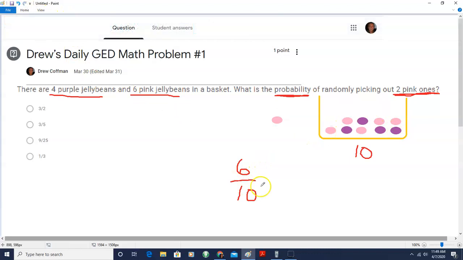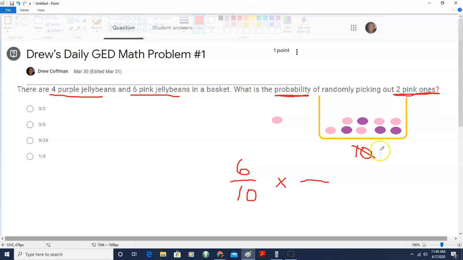Our second fraction is going to be a little bit different now because something has changed. We picked a pink one and we haven't replaced it. So how many are left in the basket? Well, now there's only 1, 2, 3, 4, 5 pink ones, and there are no longer 10. There are actually 9.